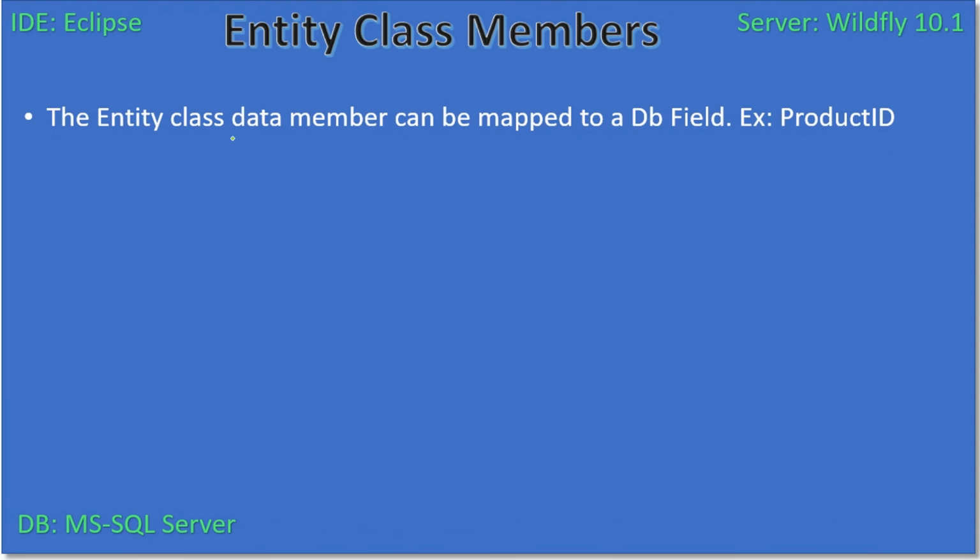The entity class data member can be mapped to a DB field. An entity class is a class that is marked with @Entity. When a class is marked with @Entity, that class is representing some DB table, and its data members can be mapped to DB fields.